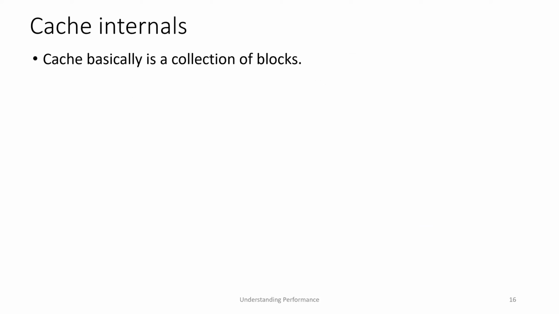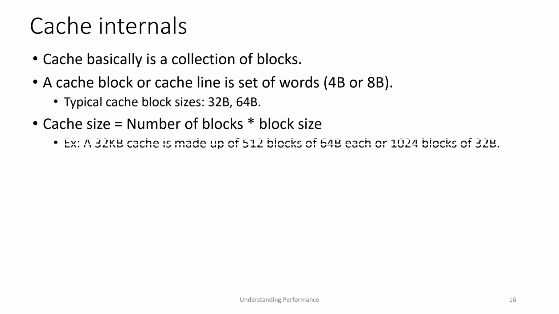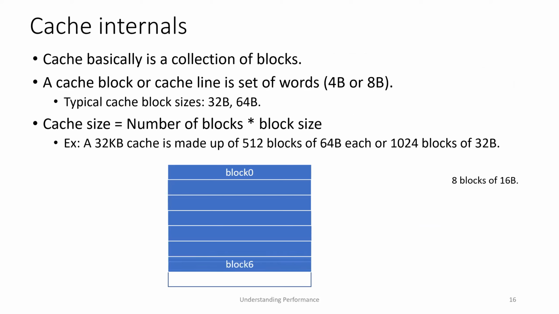Okay, now how a cache works is it's typically a collection of blocks, and the overall cache size is the number of blocks times the block size. Here is a simple arrangement to visualize a cache of 8 blocks.